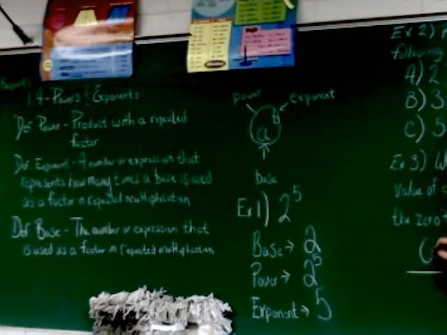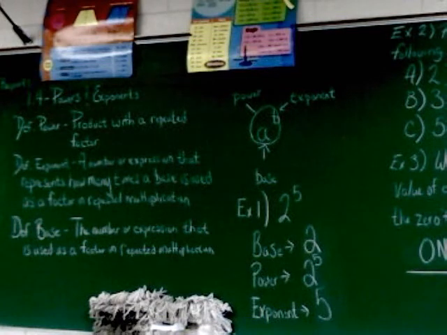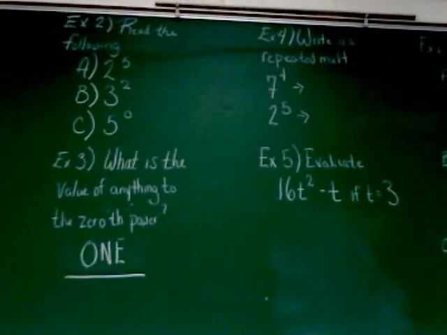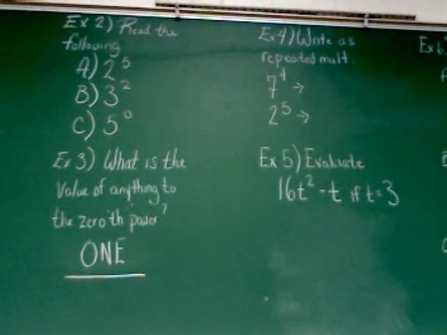Anything to the 0th power equals 1. Anything to the 0th power, even if it's 0 to the 0th, equals 1. So how would you say it? 5 to the 0th power. Or you can say 5 to the 0th.